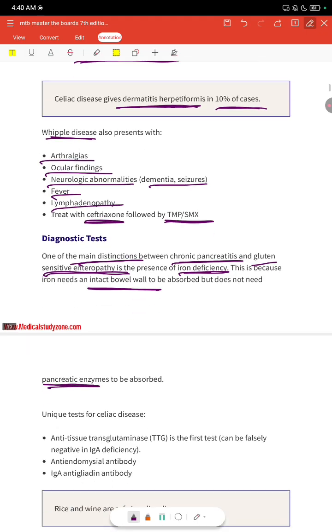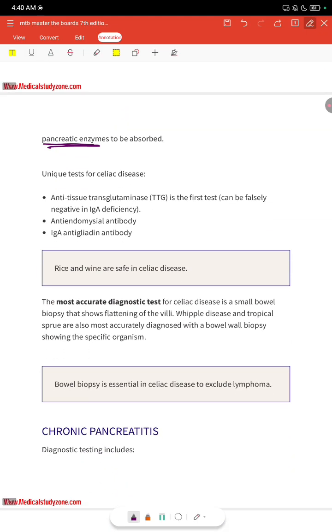Unique tests for celiac disease. The TTG test is usually the first test. Anti-tissue transglutaminase, anti-TTG.